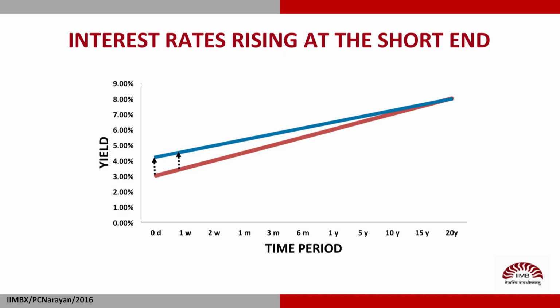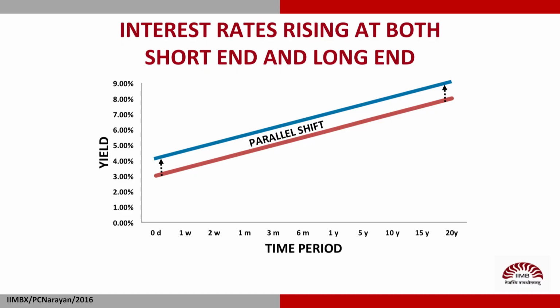On the other hand, if the long-term interest rates remain constant and the short-term rates are rising, then you find that the yield curve is pivoting in the opposite direction. Sometimes you would also have parallel shifts in the yield curve, which means both the short-term rates are going up and the long-term rates are going up almost in the same proportion.